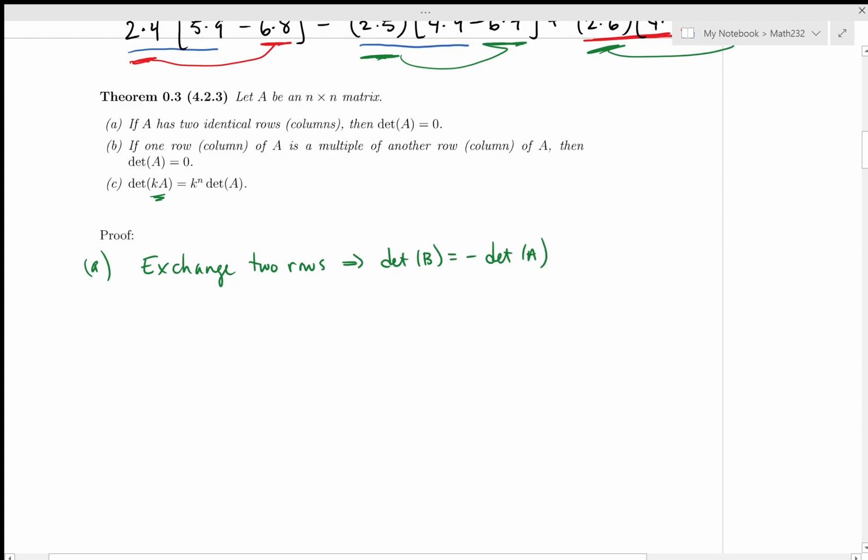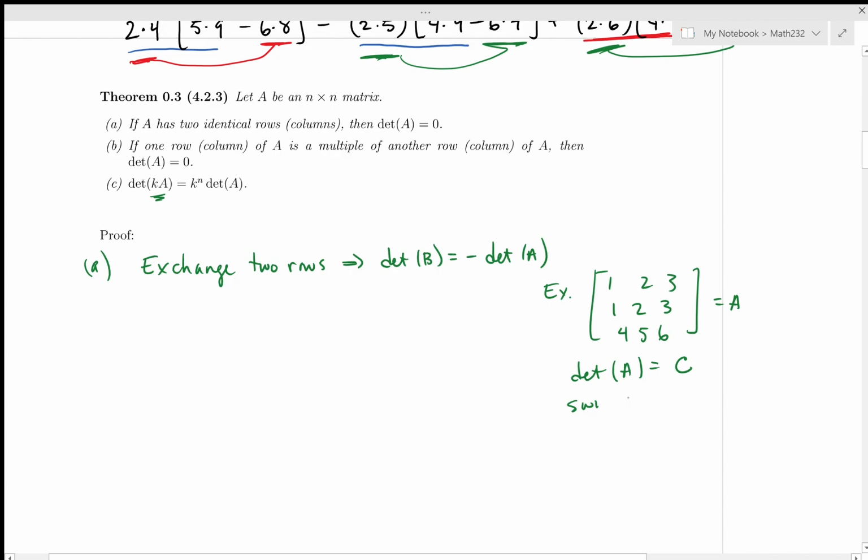Now let's look at what happens if we have 2 identical rows. I'm just going to run an example here so we can see what's going on, but this is true in general. Here's a matrix with 2 identical rows. It has some determinant, so the determinant of A is some number, C. Now I'm going to switch row 1 and 2.